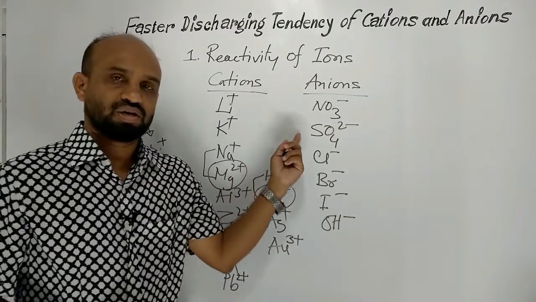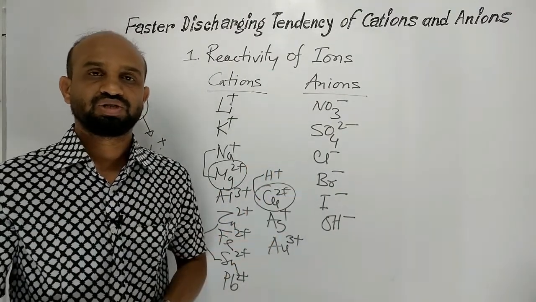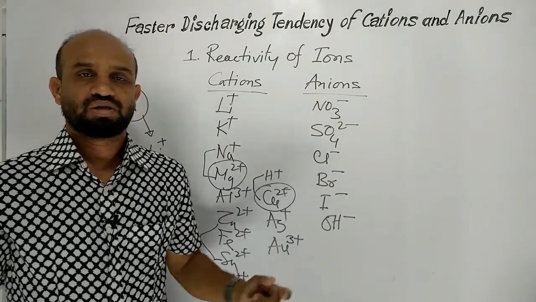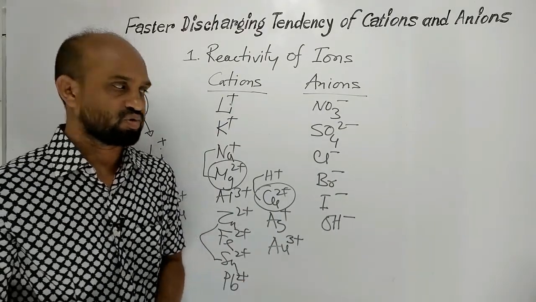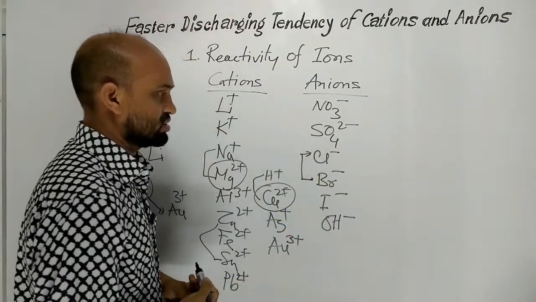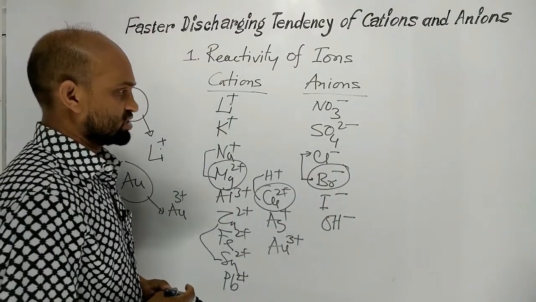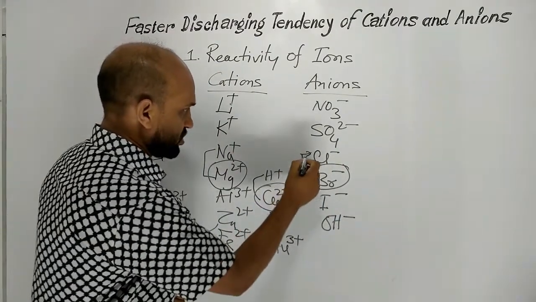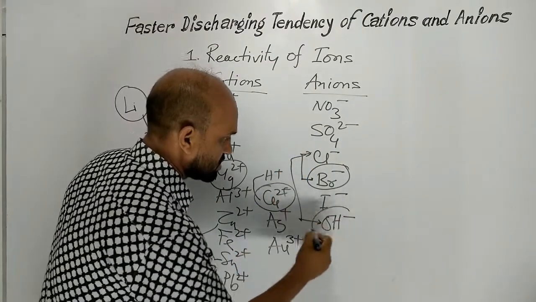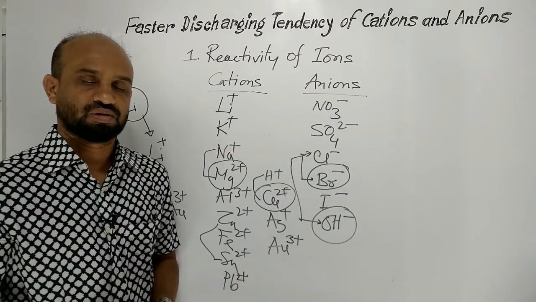This is electrochemical series of anions. The lower the position of the anion, that will be oxidized first. For example, for these two ions, bromide ion will be oxidized first. For these two ions, hydroxide ion will be oxidized first.